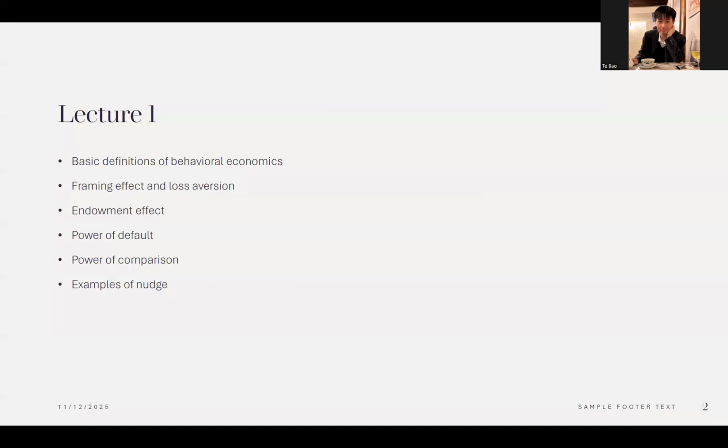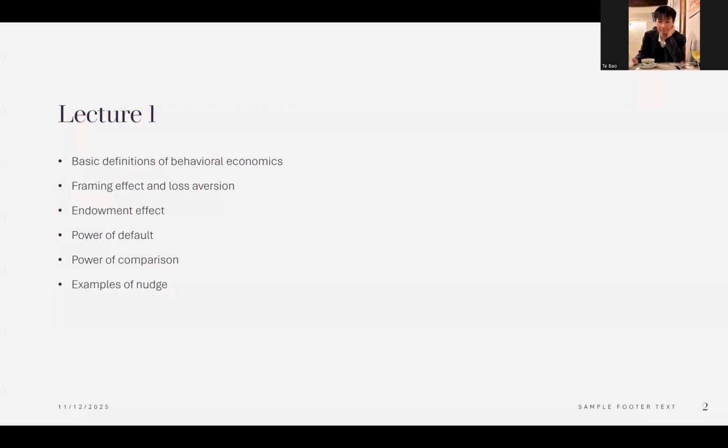So we have some examples of nudge here, and we also mentioned some similar examples in later chapters. Also, at the end of lecture one, I briefly talked about social preference. Social preference is another important topic for behavioral economics, even though we didn't have much time to cover it.